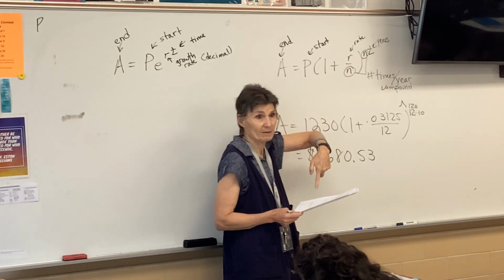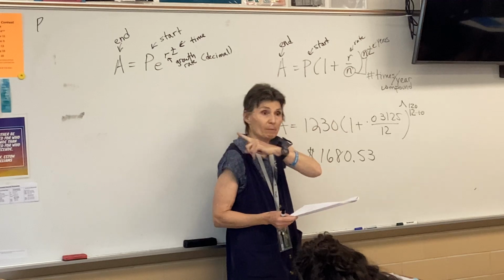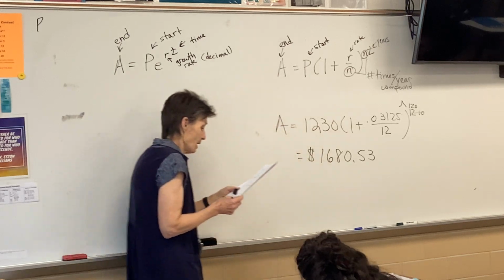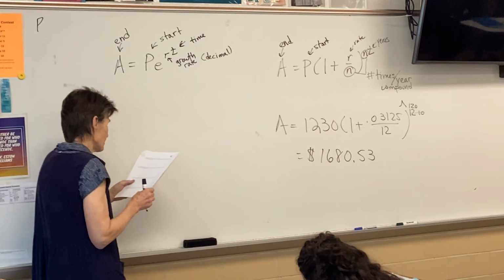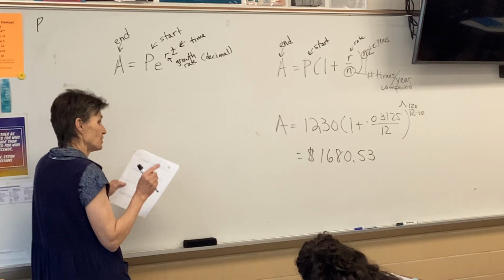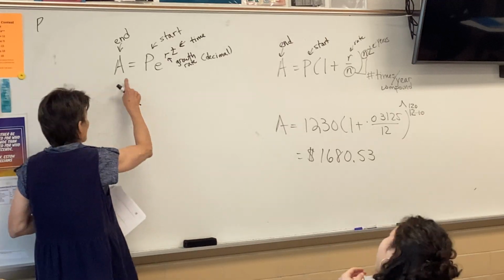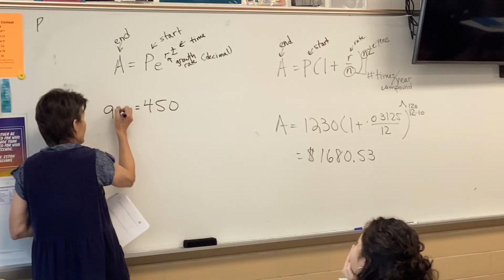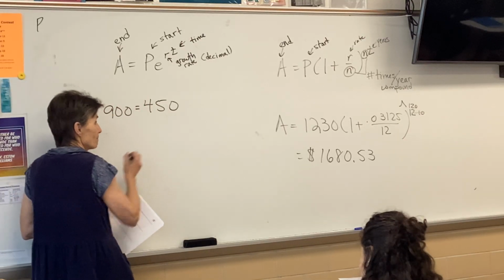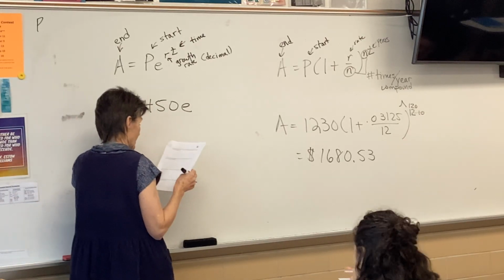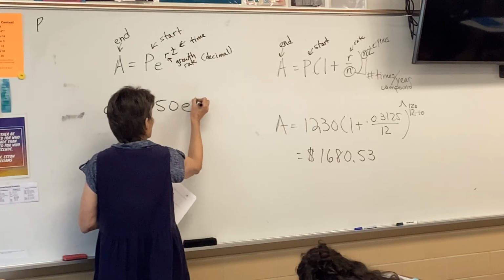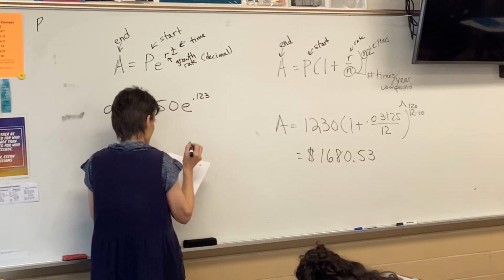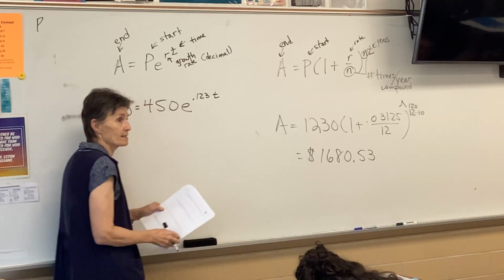This is not a compound interest problem, so it's got to be PERT. I'm starting with 450, ending with 900. Their growth constant is 0.123, and I want to know how long it takes.